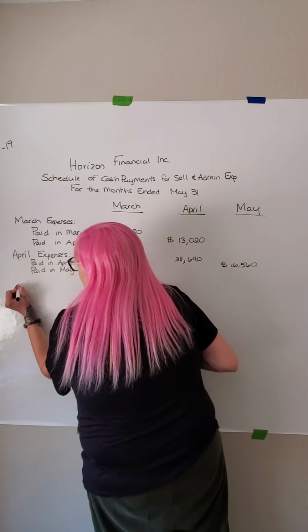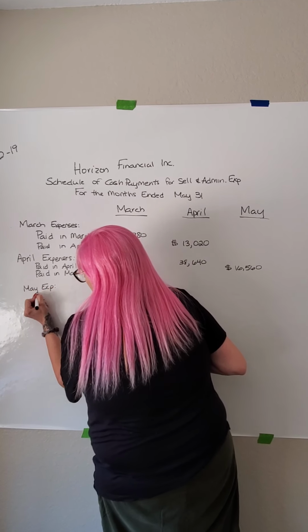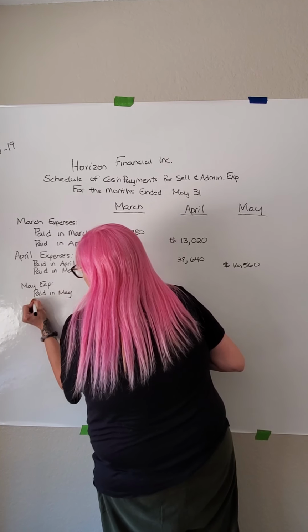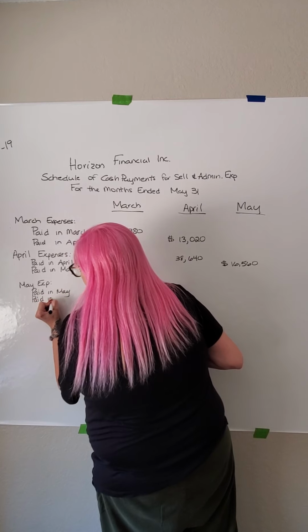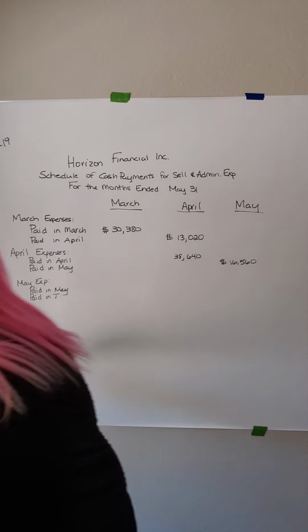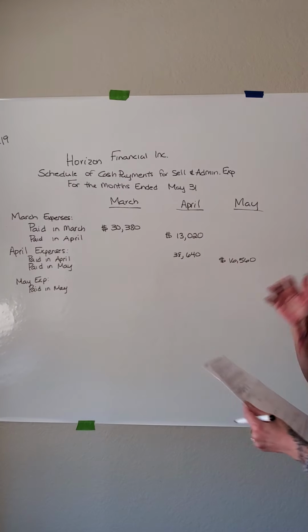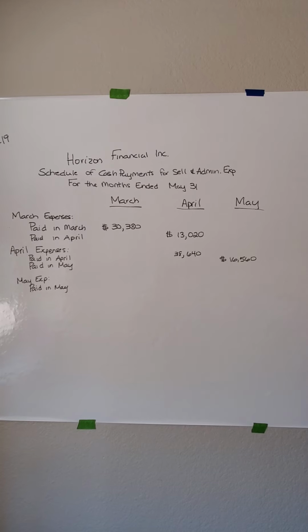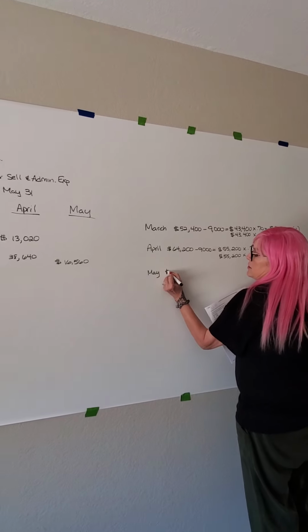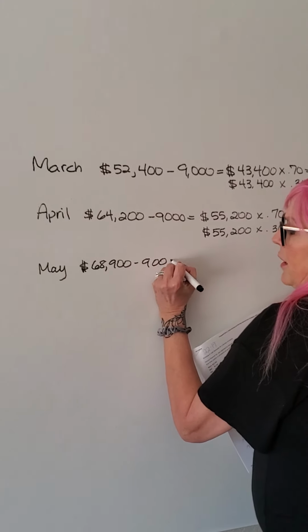Again, we're going to do the same thing for our May expenses. We're going to have paid in May and paid in, no, actually, nope, we don't have to since our budget ends in May. We do not have to have an amount for the items paid in June because we're only doing a quarterly budget. So here we're going to do our May expenses, which are $68,900. We're going to subtract that $9,000.